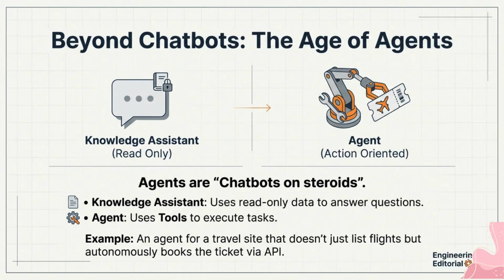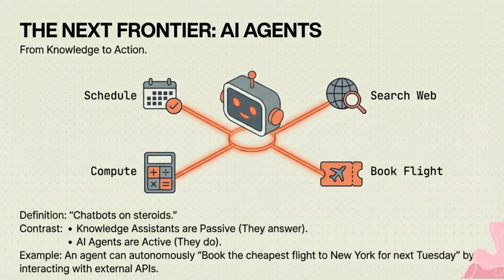Now we are getting into what's next. The shift from assistants to agents. Knowledge assistant: read-only. Answers questions using data. Agent: action-oriented, has access to tools, executes tasks. Agents are chatbots on steroids. Knowledge assistant example: what's the cheapest flight to New York?